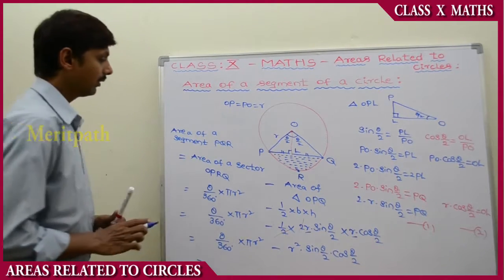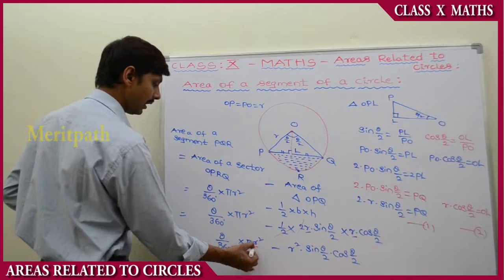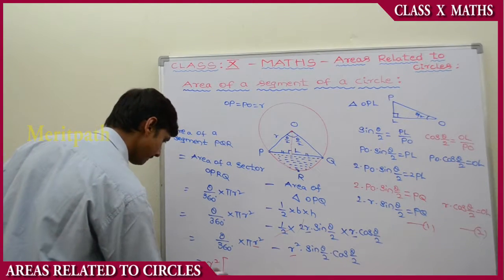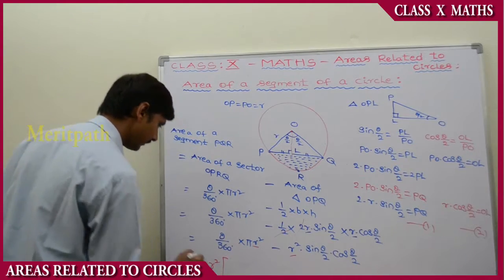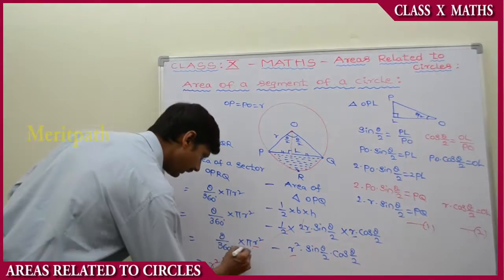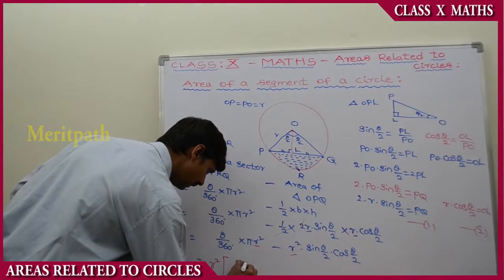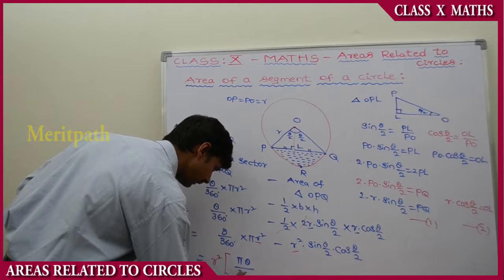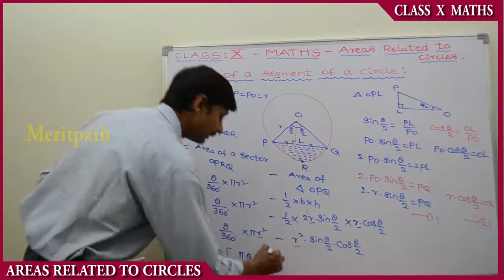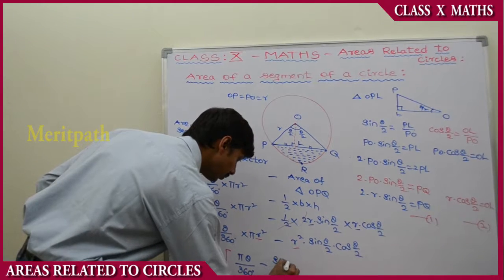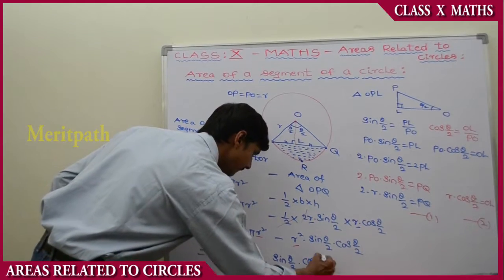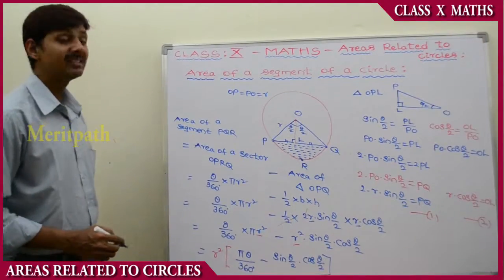We can observe in both terms there is r square, so we take r square in common. Then pi will be left out, pi into theta by 360 degrees, minus sin theta by 2 into cos theta by 2. So this is the area of a segment.